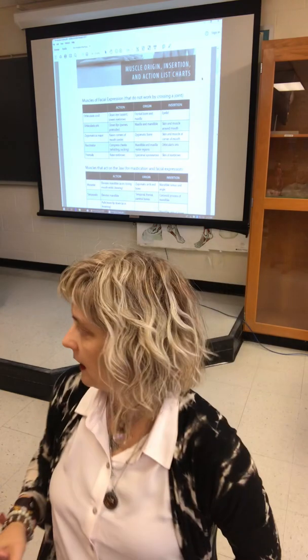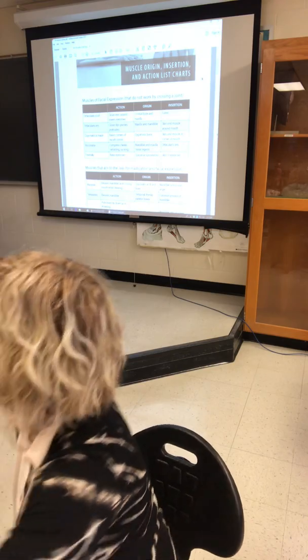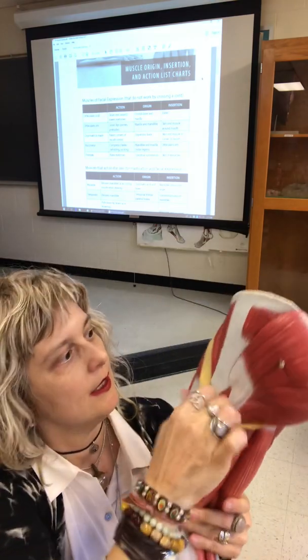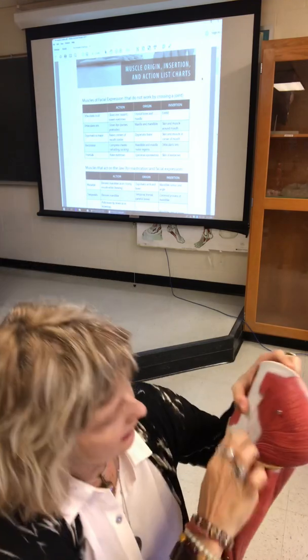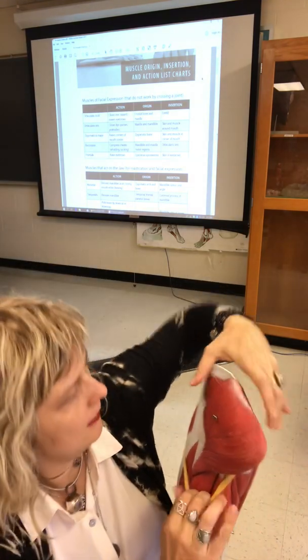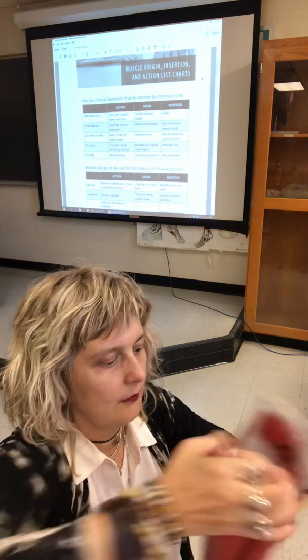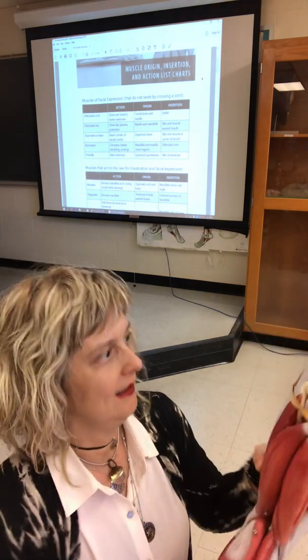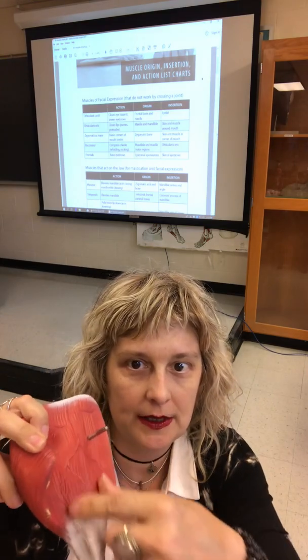All right, let's get the model out. I'm going to put these bones away. Pull this guy out. Ta-da! This is the gluteus maximus. Now, if I pull this rubber band down, I'm able to take the outer portion off, so you can see that gluteus medius is deep to it.